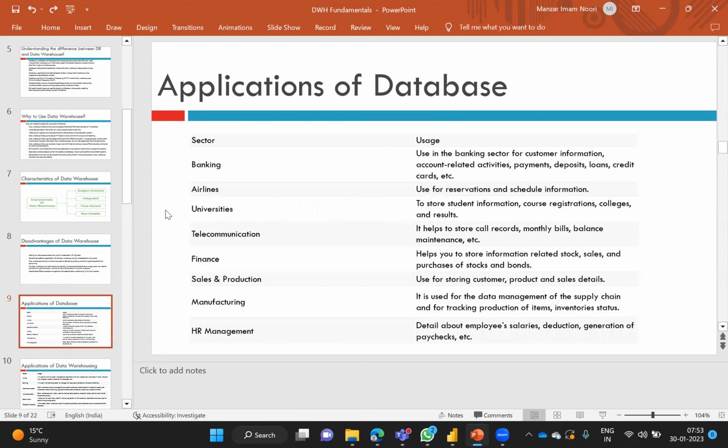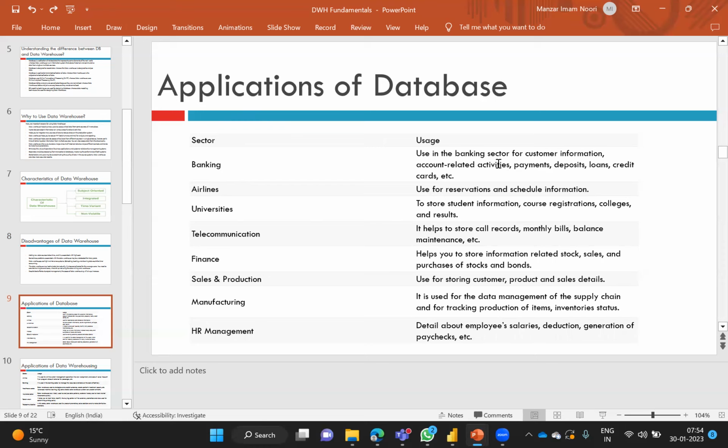Now, applications of database: in banking, airlines, almost all sectors, you have applications of databases and data warehousing. As I was mentioning, a database application is application oriented.